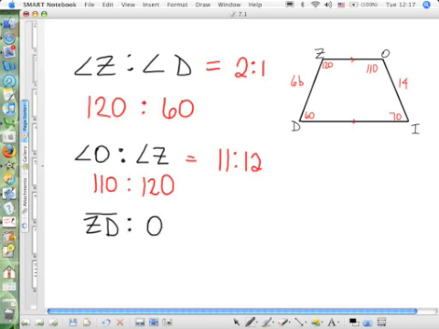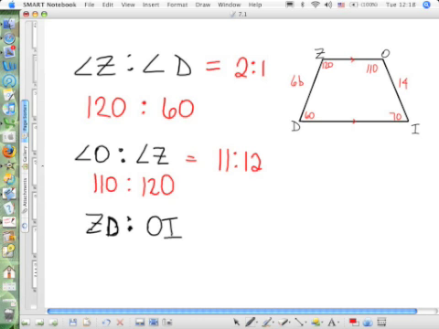Now find the ratio of ZD to OI. And I apologize, I shouldn't have a brace over that. I mean a line over that. What's the measure of ZD?